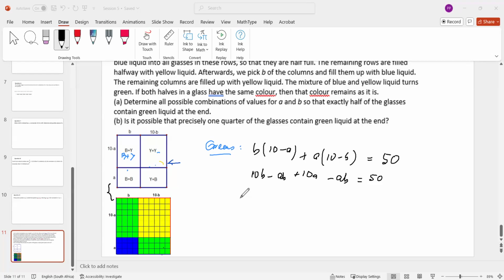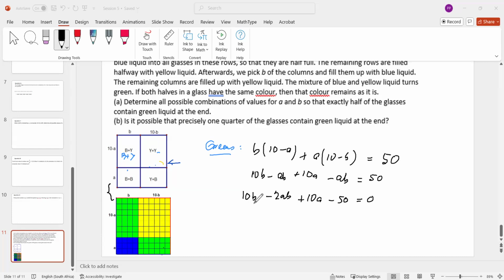Right, so you have two ABs here, so let me put them all together. You get 10B minus 2AB plus 10A, grouping the ABs together, and minus 50 equals 0, right? And you can see that you can factorize this.